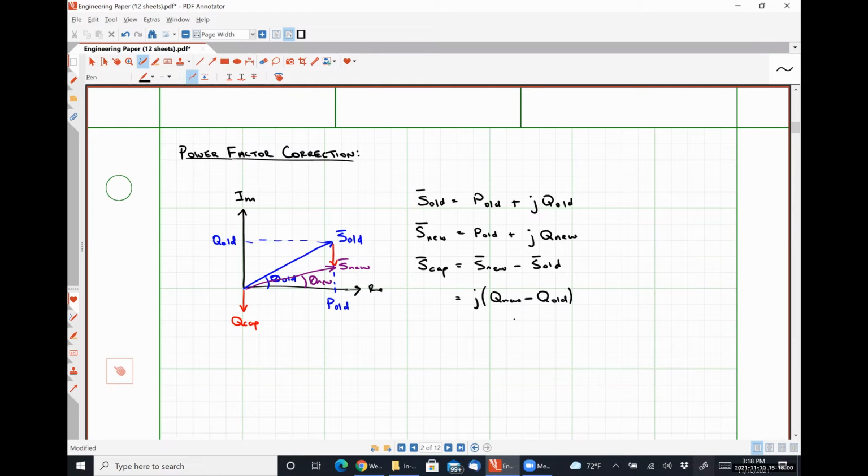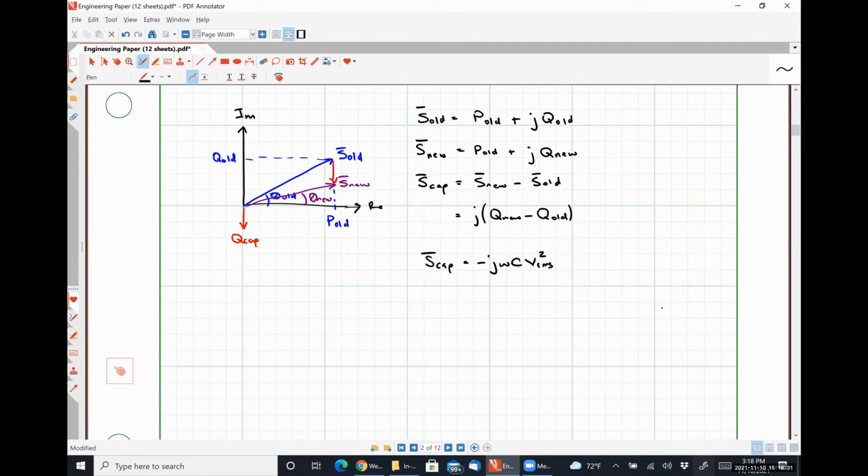So as a very brief recap, the complex power absorbed by a capacitor was found to be negative j omega C multiplied by the effective voltage drop over the capacitor squared. So we can literally put these together and we have the means to tell us what capacitance value we're looking for.